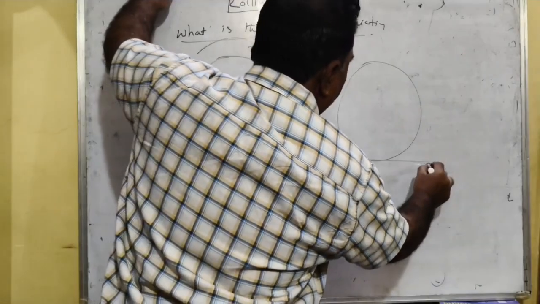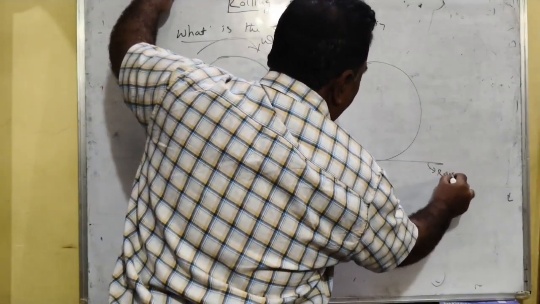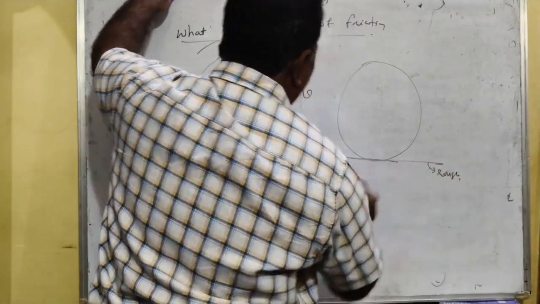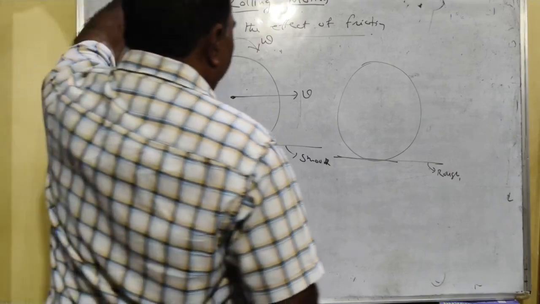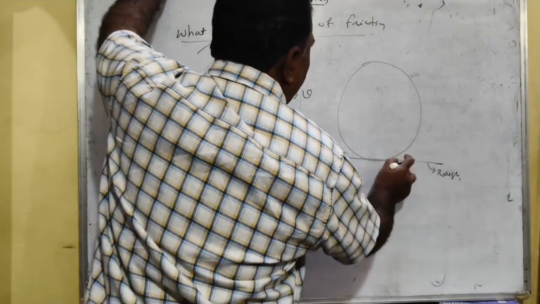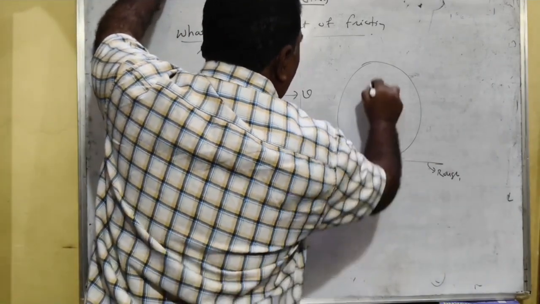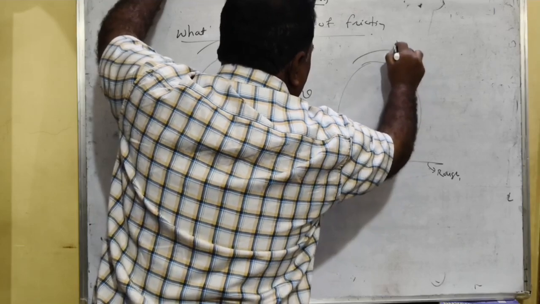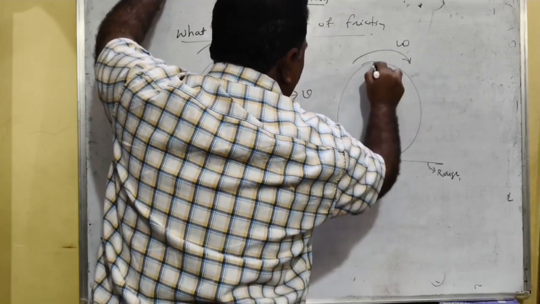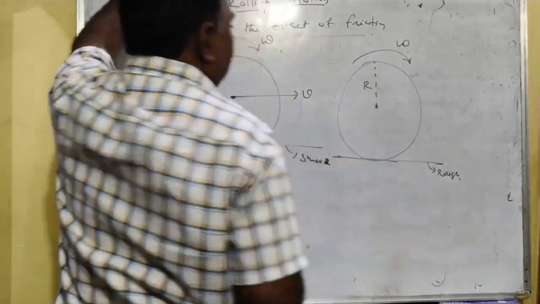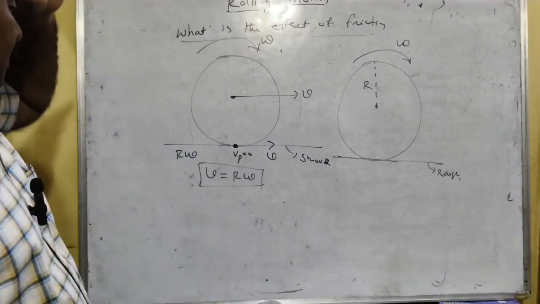Now this surface is rough. So what is the direction of the friction? If the surface has friction and the body is rolling, rotating in this direction, let the radius of the body be r.